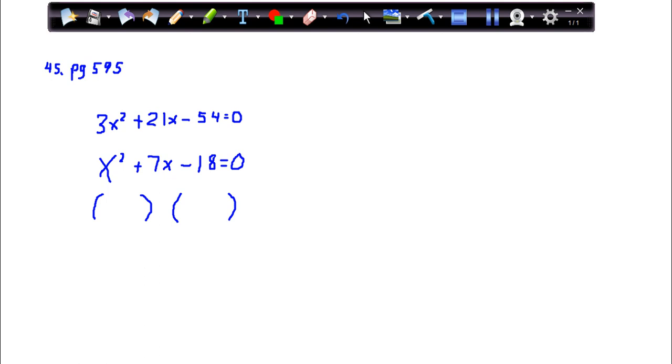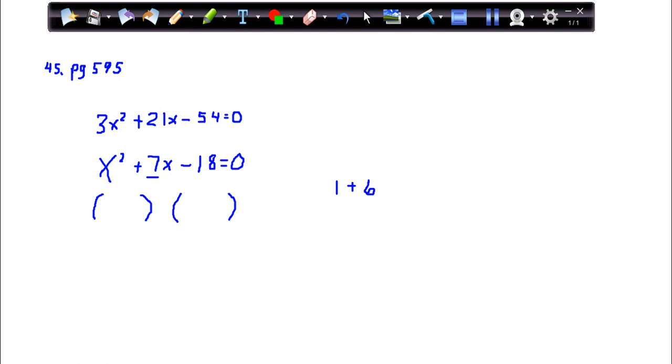Now, what do we do to begin factoring this? You're going to ask yourself what two numbers added together get you the middle term of plus 7. Well, we could say a 1 plus a 6 will give us a plus 7.